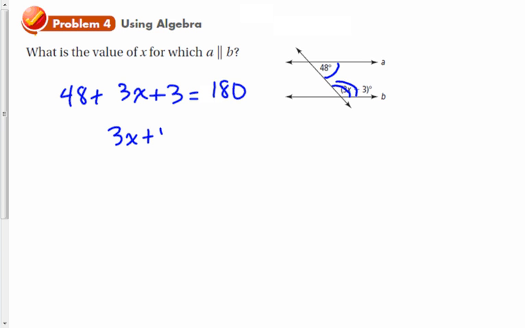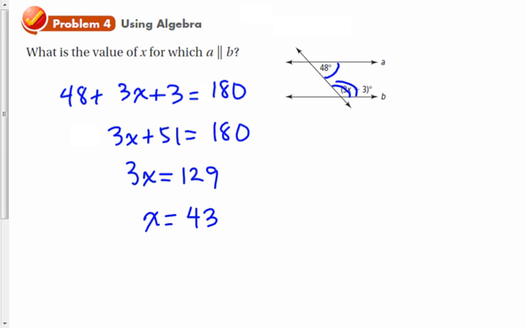So 3x plus 51 is equal to 180. That's just simplifying. So 3x is equal to 180 minus 51, which is 129. And dividing both sides by 3, we get x is equal to 43. And that's using the division property of equality. You can go ahead and try that.